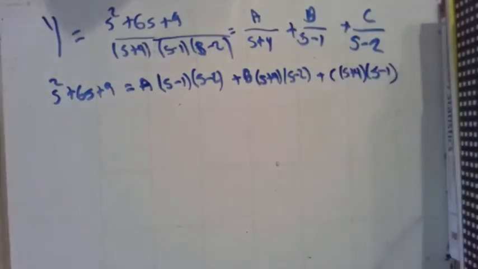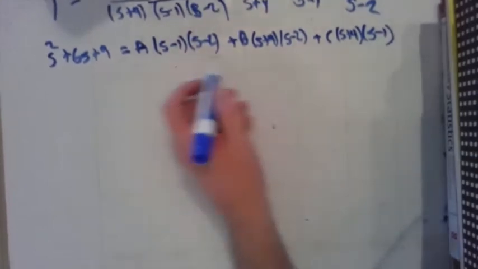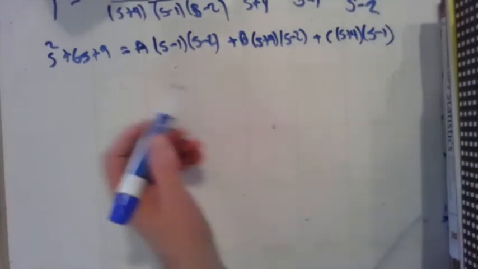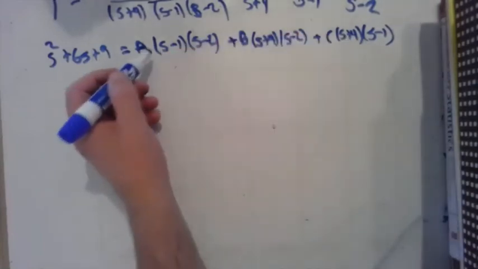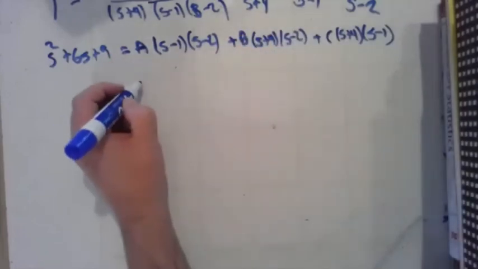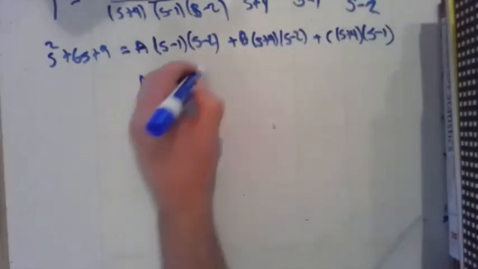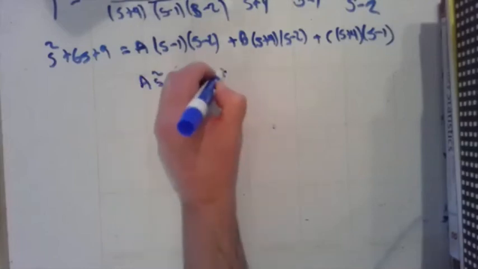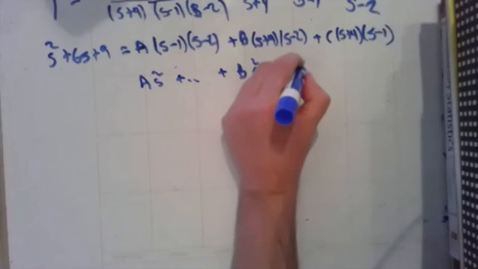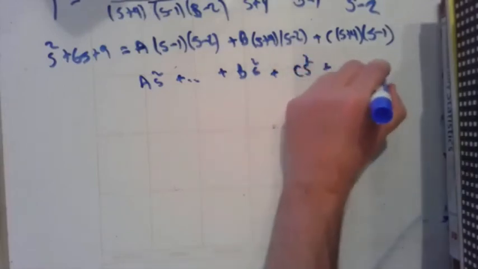And now we solve for A, B, and C. We could, and there's nothing wrong with it, expand all this out and equate coefficients. If I distribute everywhere, I would get an A times an s squared plus a bunch of junk, plus a B times an s squared plus a bunch of junk, and a C s squared and a bunch of junk.